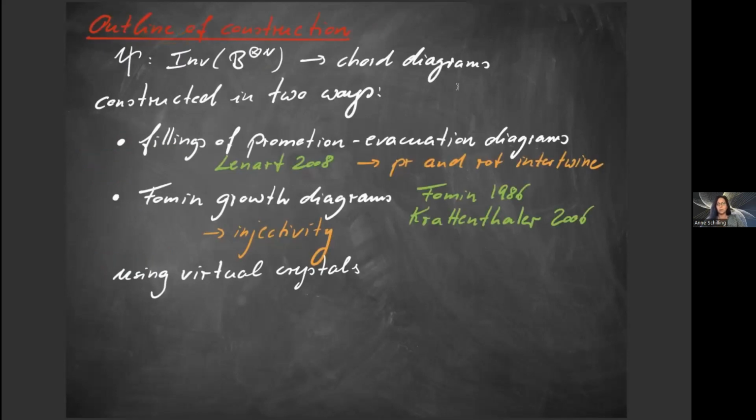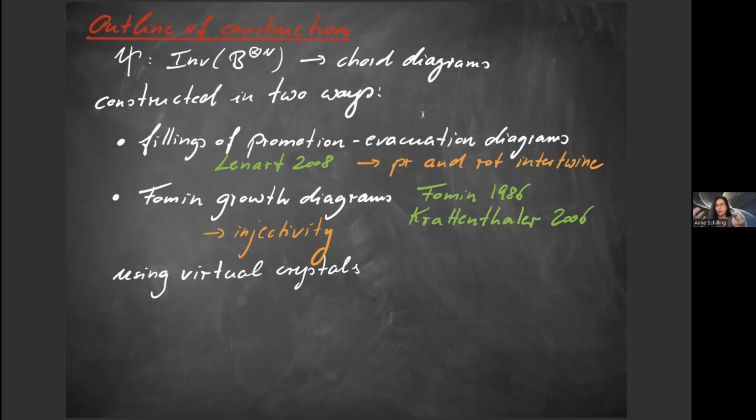And so how this construction actually works, since I only have a half-hour talk, I can't talk about this in great detail, but here's an outline. We define this map from the invariant subspace to the chord diagrams in two ways. One is using certain fillings of promotion evacuation diagrams introduced by Christian Lenart.